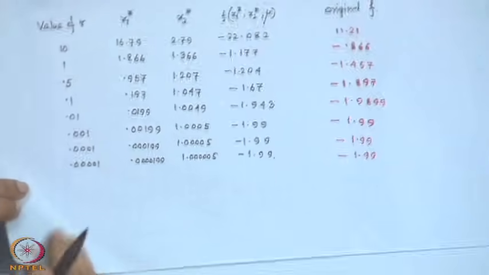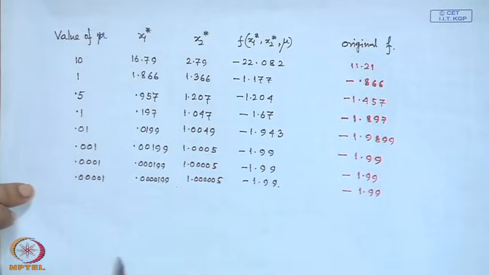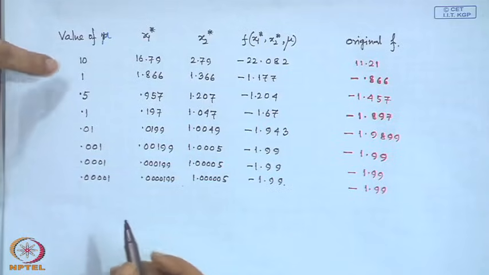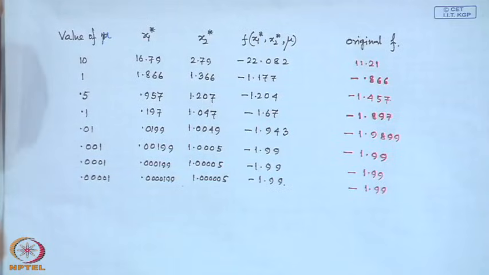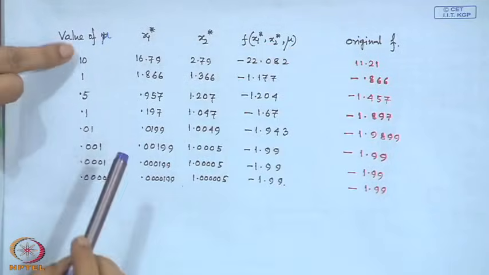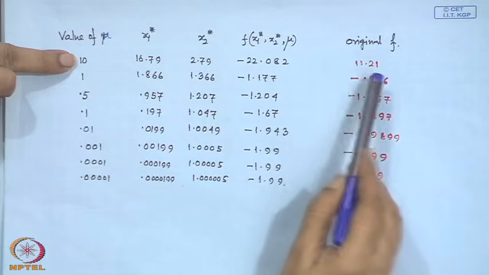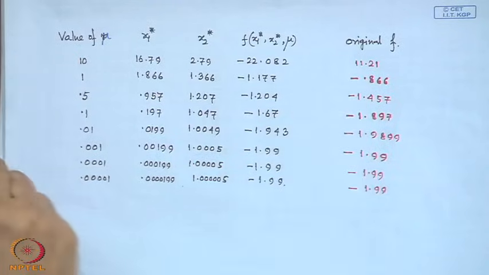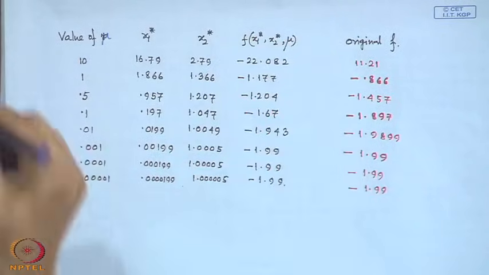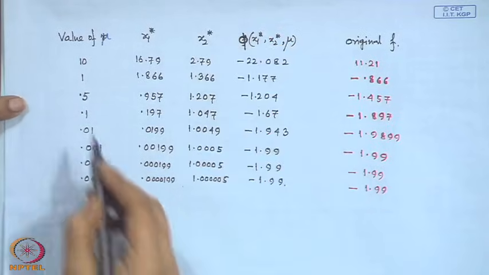Same thing if we just apply the iterative process for different values of mu. If we start with mu equal to 10, for different values of mu, just see how the values progress: for 10 this is x1 star, x2 star, and this is the original f, and this is phi, this is not f, this is phi, alright.